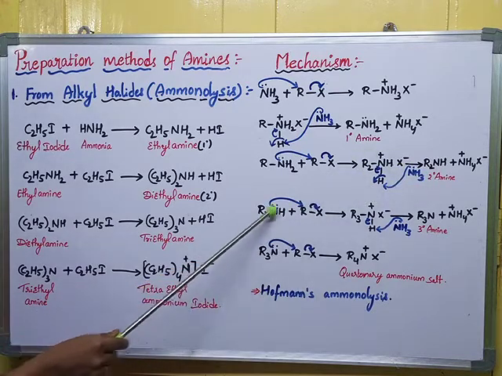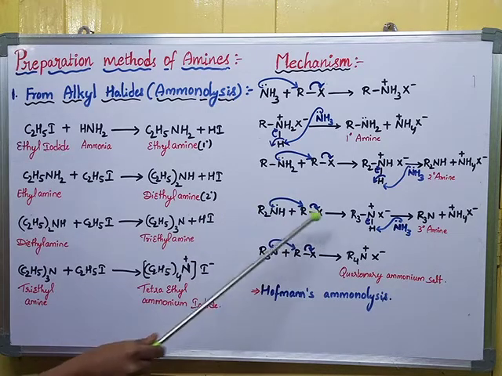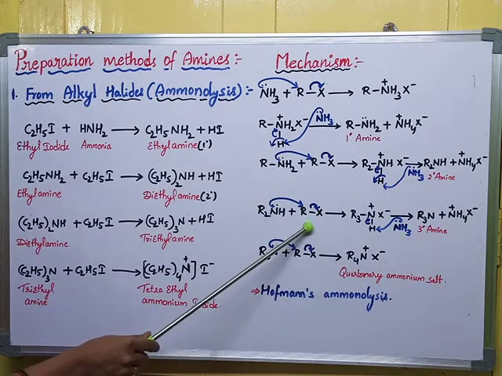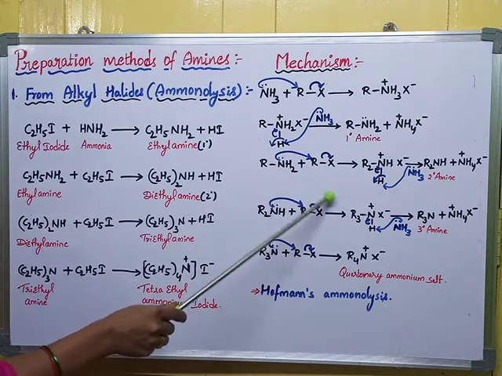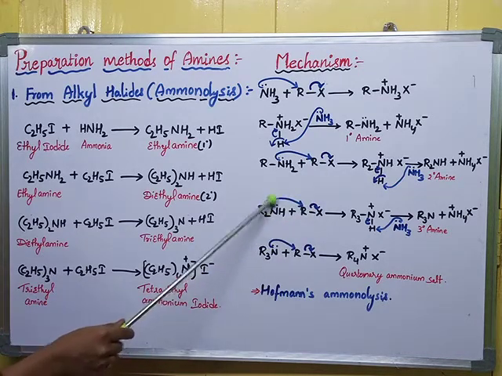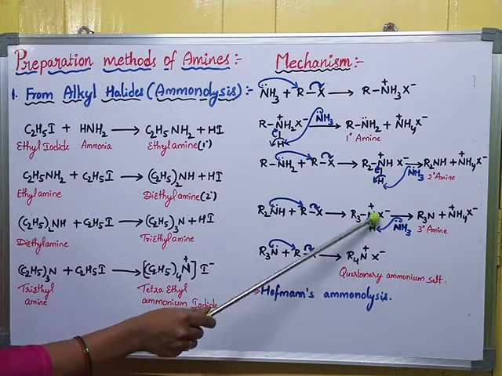And this secondary amine further reacts with one more alkyl halide and forms tertiary amine. So you can see here again the halogen being electronegative attracts electrons towards itself, and the nitrogen lone pair attracts this R towards itself. You will get R3NH+ and X-.